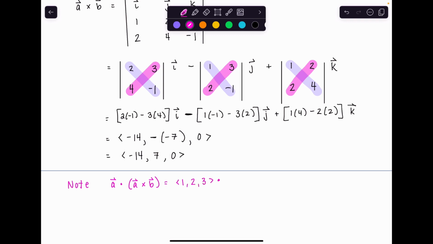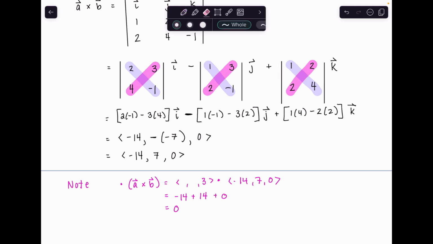The vector A cross B is negative 14, 7, 0. So doing those like components, 1 times negative 14 is negative 14. Then we have 2 times 7 is positive 14. 3 times 0 is 0. You see, you end up with 0. So A is orthogonal to the cross product.